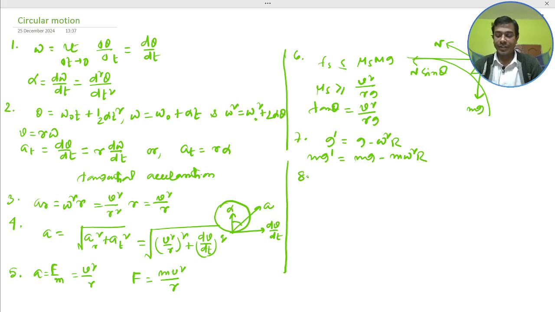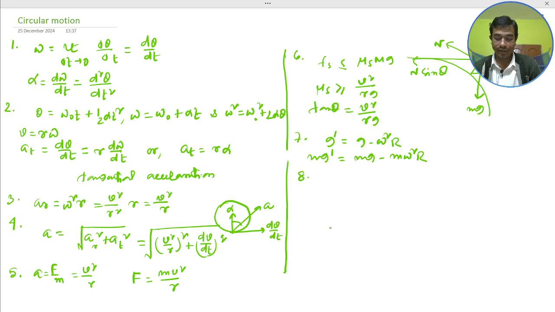This is the minimum velocity required by a particle at the lowest point to complete the vertical circle. Suppose a string plus mass system and another, a massless rod plus mass system.